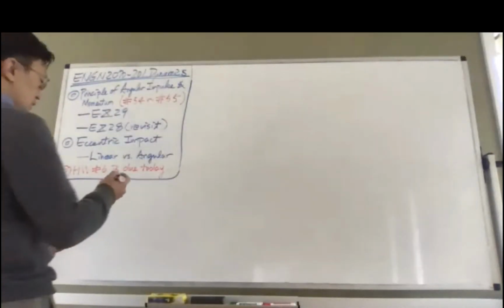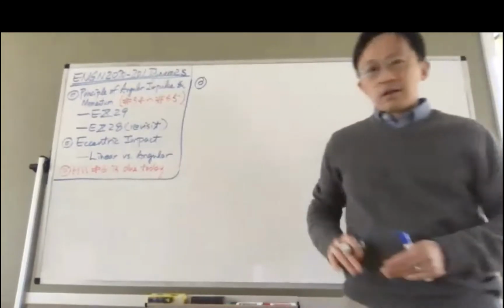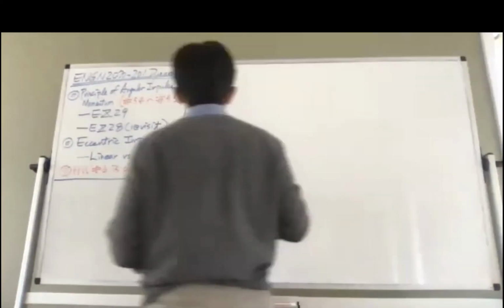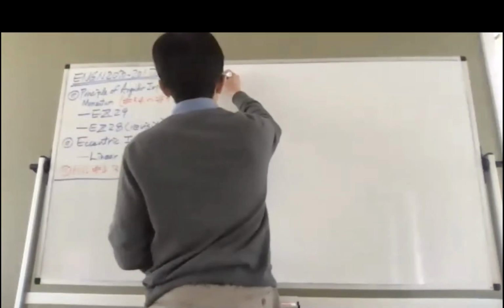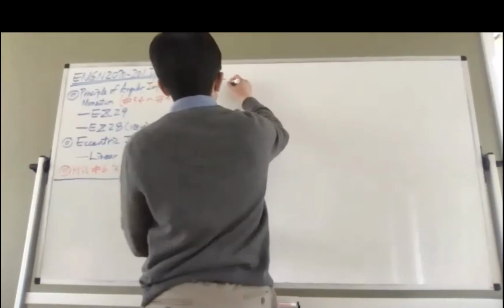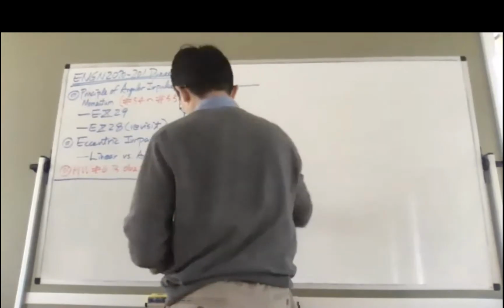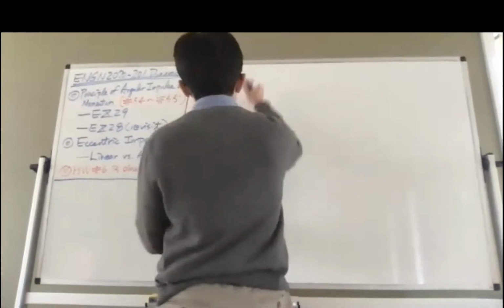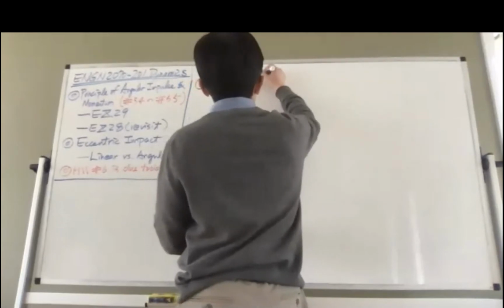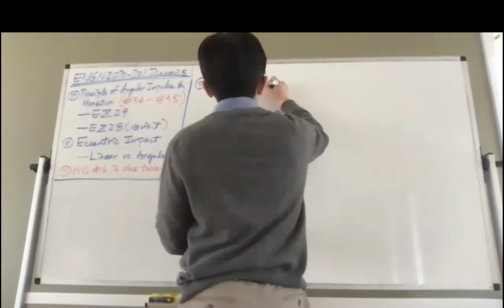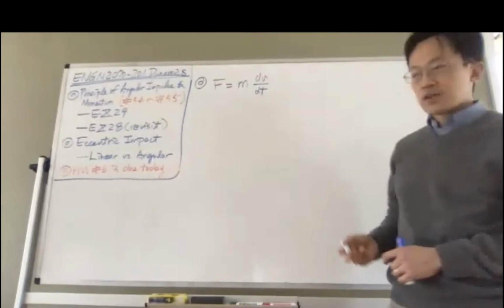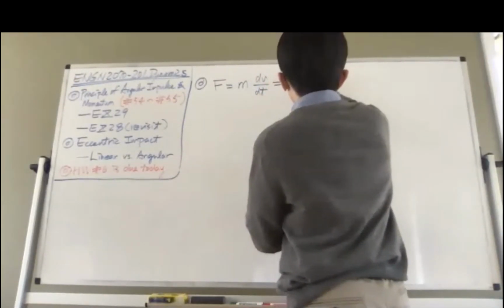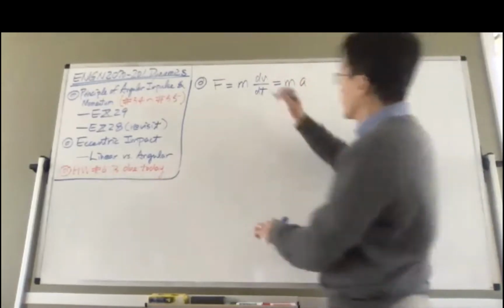So start with the formulation first. As you know, conservation of linear impulse and momentum all began from this: F equals m times dv/dt. Of course, when we apply it to force equilibrium, we just say this is F equals ma.